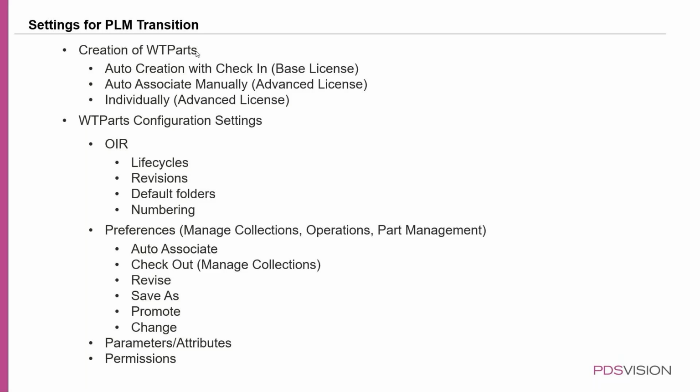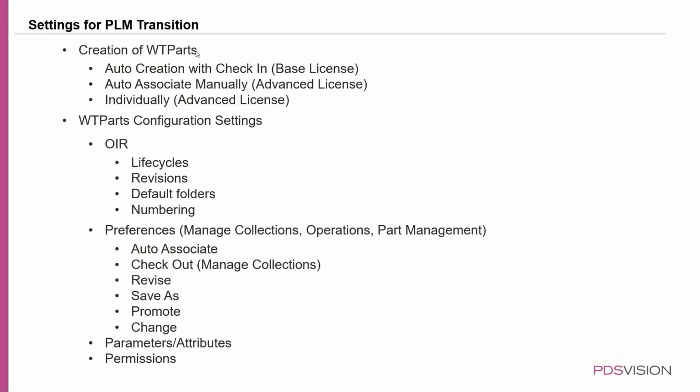One way you can do that is through an auto associate. You can add the CAD files to your workspace, go into auto associate inside of that workspace, and have it create the WT parts for the files inside of your workspace.